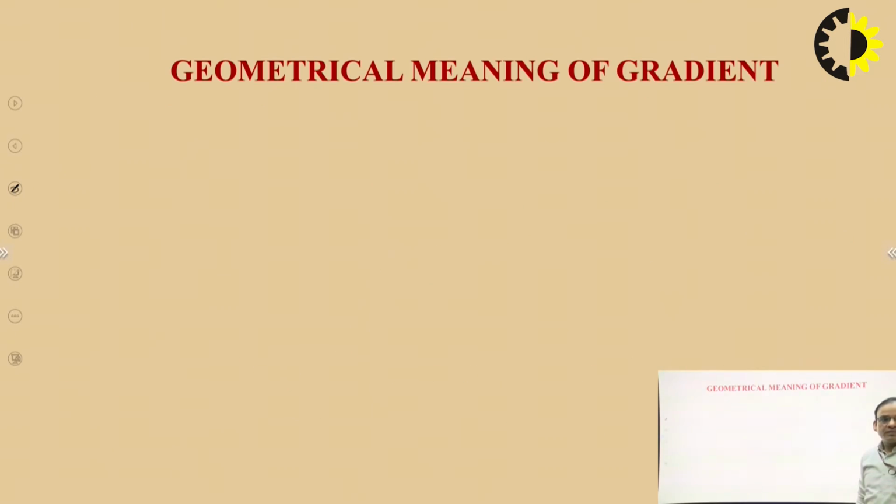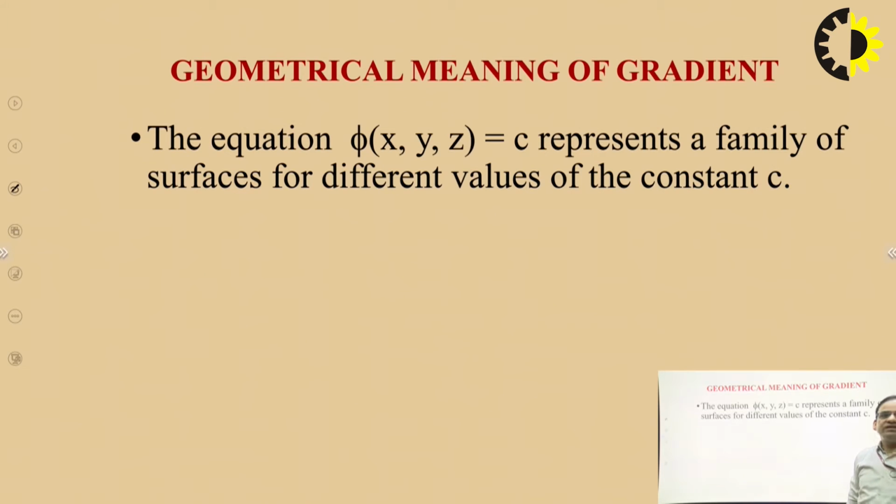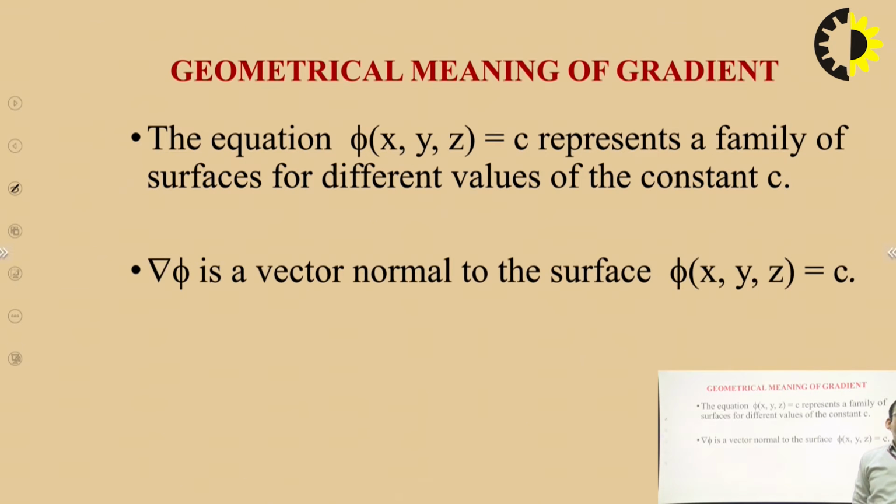Then the geometrical meaning of gradient. The equation phi xyz equal to c represents a family of surfaces for different values of the constant c. Then this notation grad phi, that is del phi, is a vector normal to the surface phi xyz equal to c.